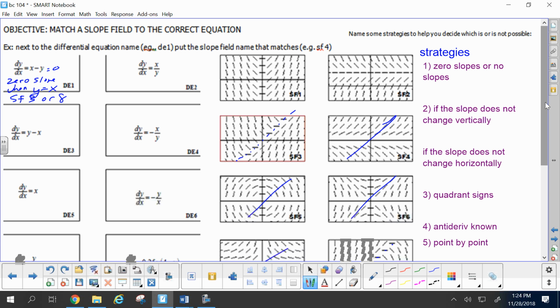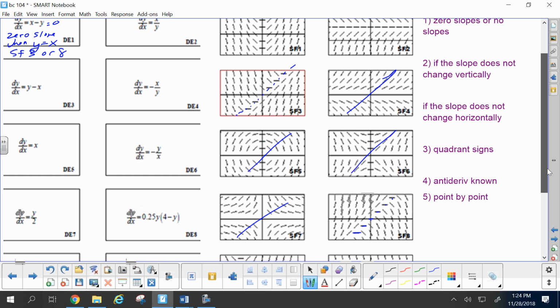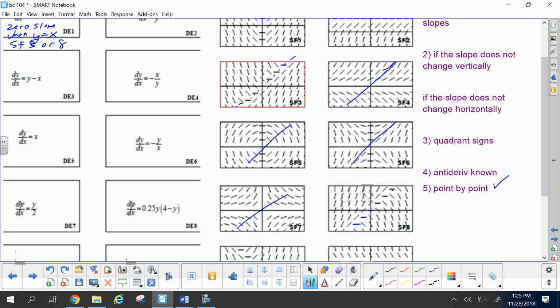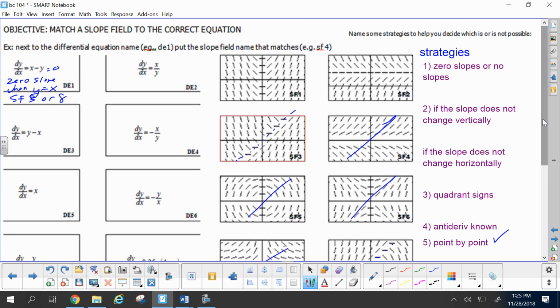Okay. Sometimes then, once you can get it down to 2, you can then choose by going point by point. I probably have these in the wrong order. Just by choosing a point, say I chose the point (1, 0). If I put (1, 0) into that equation, what's the slope? 1.